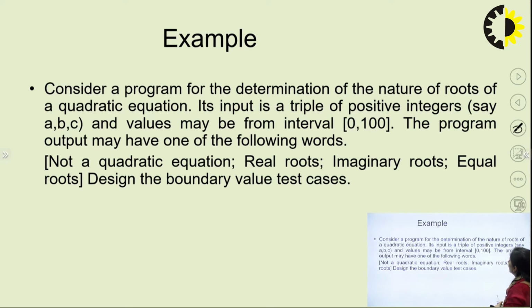The program output will be one of the following: not a quadratic equation, real roots, imaginary roots, or equal roots. So we have to design the boundary value test cases.